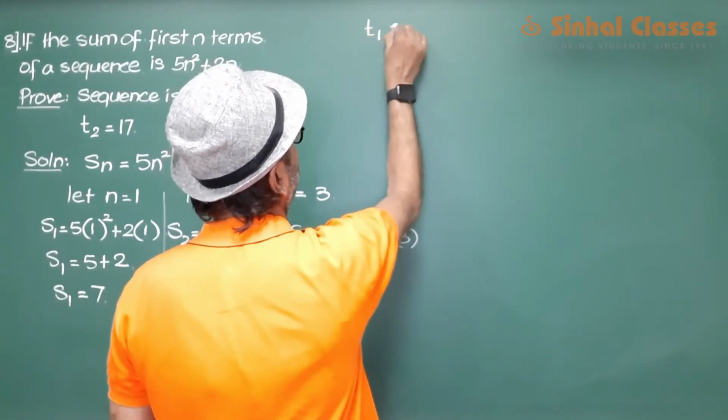So 574 equals 3n square minus n, which gives 3n square minus n minus 574 is equal to 0.